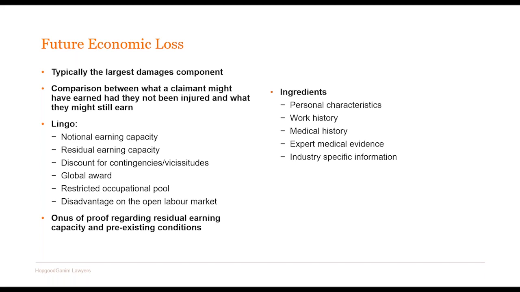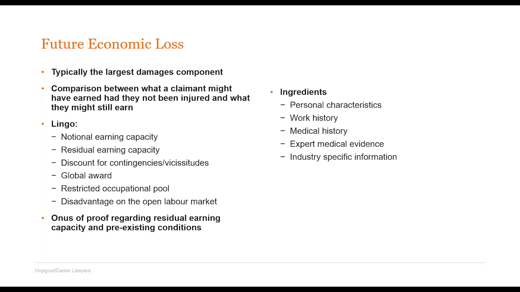For instance, you might have a claimant quite close to retirement age who attracts a lesser discount, less than the standard 15%, because there are only a few years for the contingencies to actually arise, so the chance of them occurring is lower. Conversely, a younger claimant might attract a higher discount.